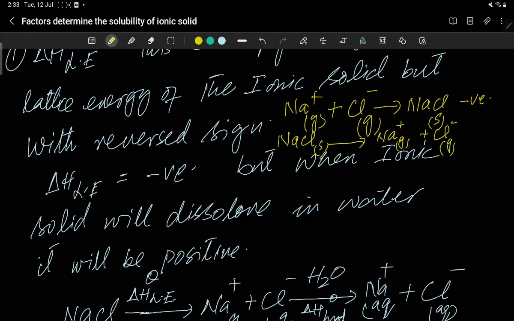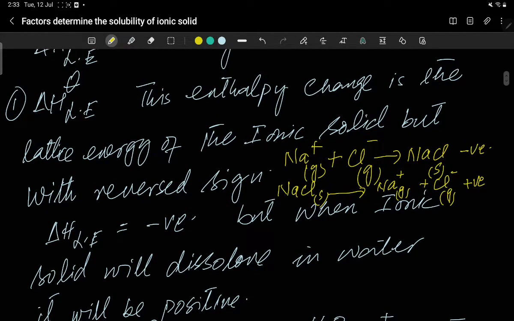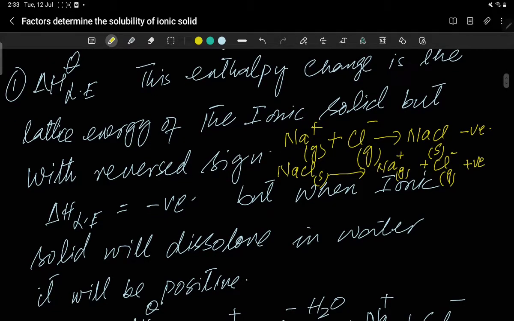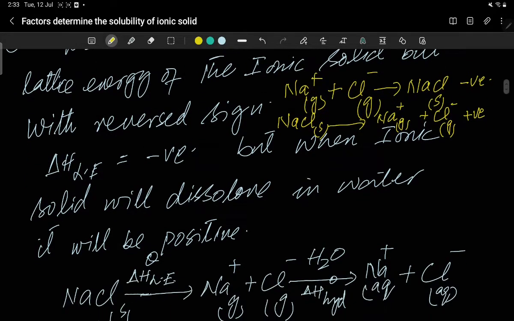So this reaction requires a lot of energy to decompose sodium chloride into gaseous ions. So this is an endothermic process. That's why it is the ionic lattice energy but with reverse sign: when sodium chloride dissociates, this is positive, but this is equal to the ionic lattice energy.